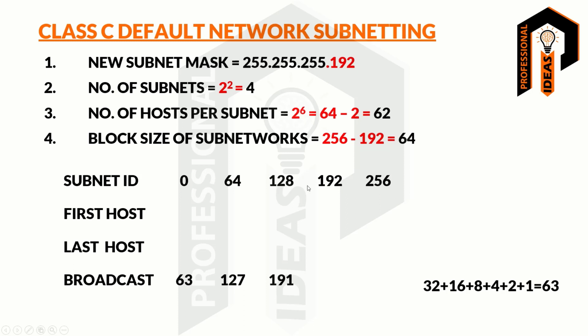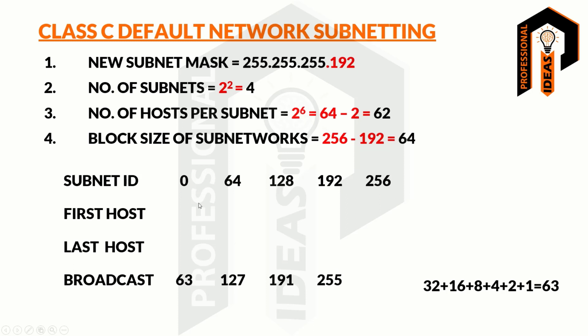So by adding 63 to 128 we get 191 as the broadcast address for the 128 subnet. Similarly, the number right before the value of the next subnet 256 is 255, which is all host bits turned on. So by adding 63 to 192 we get 255 as the broadcast address for the 192 subnet.